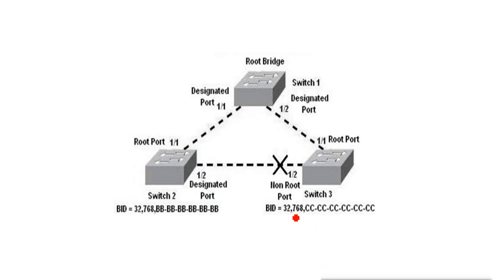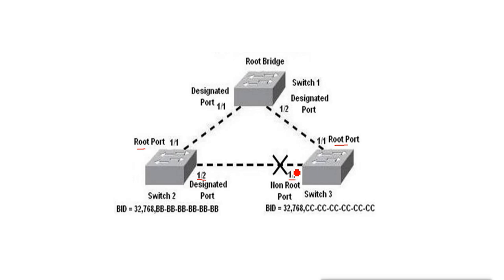Now in this case, we have these ports as root ports, and for switch 2 we have this port as a designated port, and this is also a designated port. Now the switch will decide which port is creating the loop. Basically this is only one designated port, and it has received the BPDU of the root bridge from here.